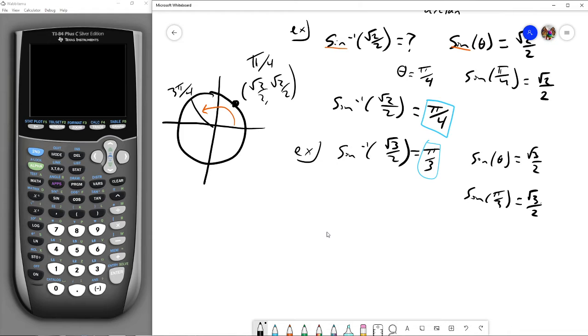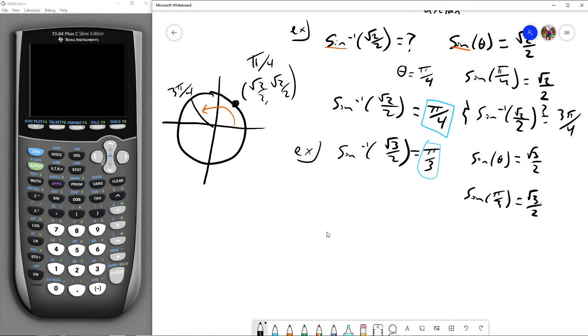That is also where sine is positive. In fact, the y-coordinate here will also be root 2 over 2. So why doesn't arcsine of root 2 over 2 also equal 3 pi over 4?